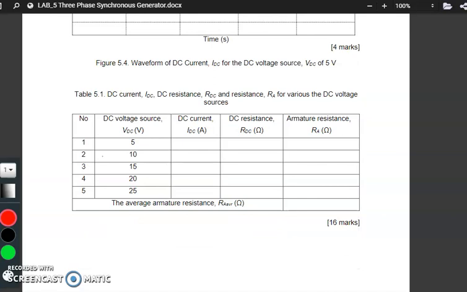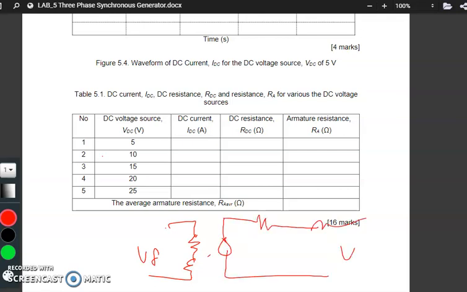the tables here. So you just need to change the DC source. Then you measure how much DC current comes into the circuit. So if we have the circuit like this, this is our VF, this is our V out.